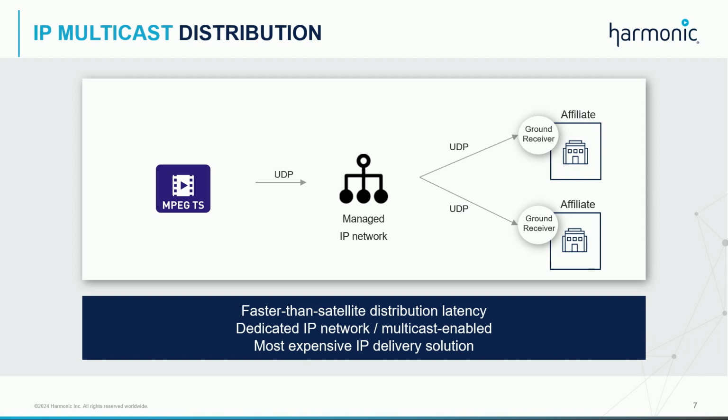The advantage of this is that from a latency perspective, it's even faster than satellite. We are talking here about latency which can easily be 10 milliseconds or below, compared to a classical satellite, I would say 500 milliseconds to 1 second.